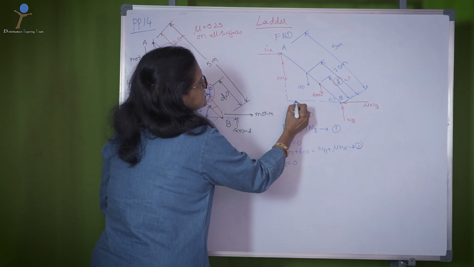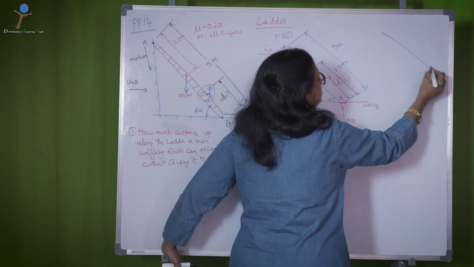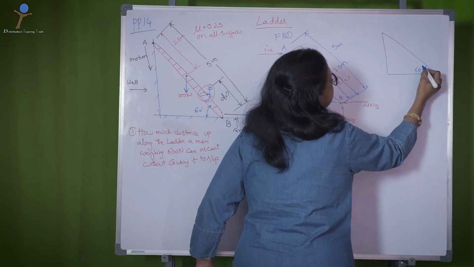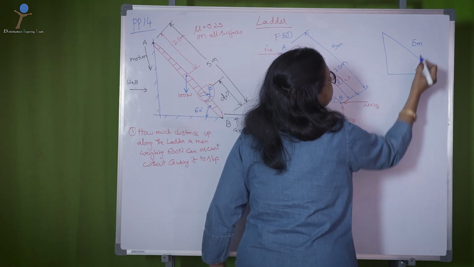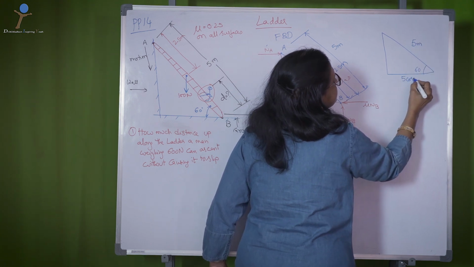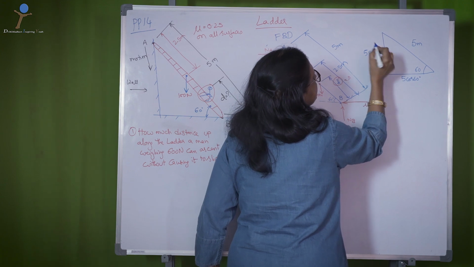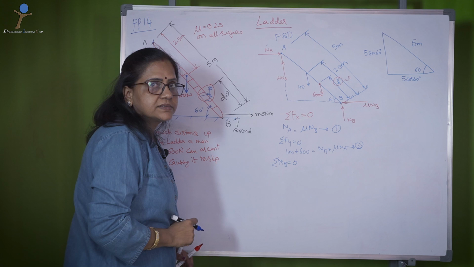Now taking this triangle formed by the ladder and the vertical face, the angle is 60 and this is 5 meters. So 5 cos 60 degrees and 5 sin 60 degrees are the distances of the adjacent and opposite sides.